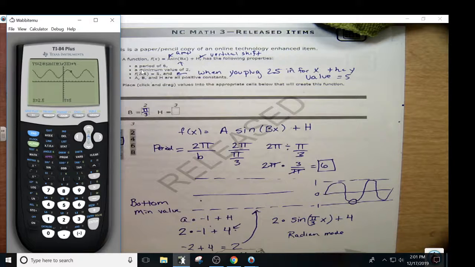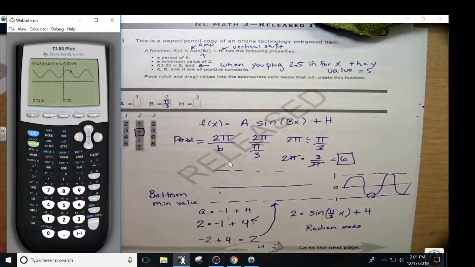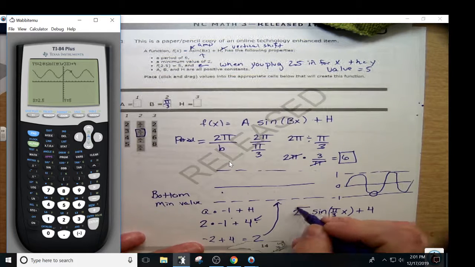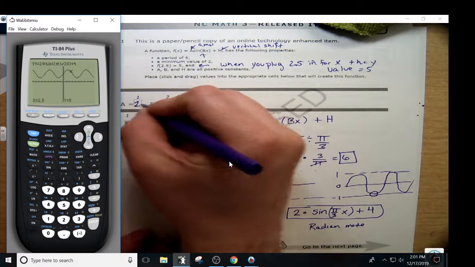So, guys, think about it. I have a period of 6. I have a minimum value of 2. When I plugged in 2.5 for x, I got 5. So, guys, I believe we found our function here. So that would be 2 and 4.